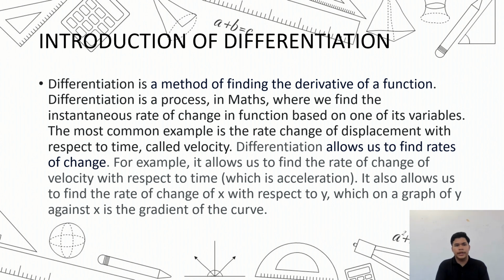Differentiation allows us to find rates of change. For example, it allows us to find the rate of change of velocity with respect to time, which is acceleration. It also allows us to find the rate of change of x with respect to y, which on a graph of y against x is the gradient of the curve.